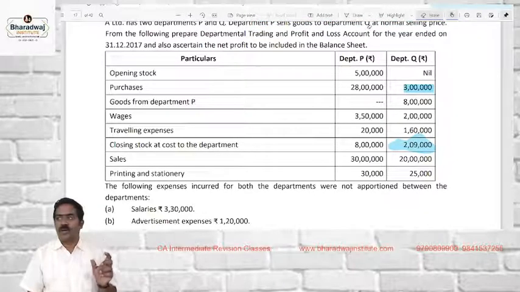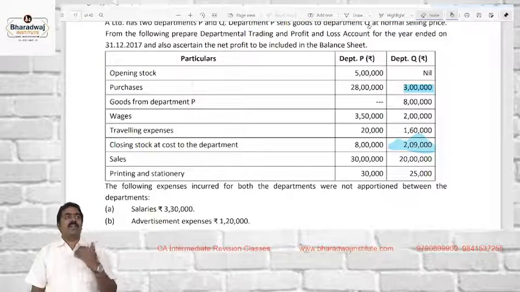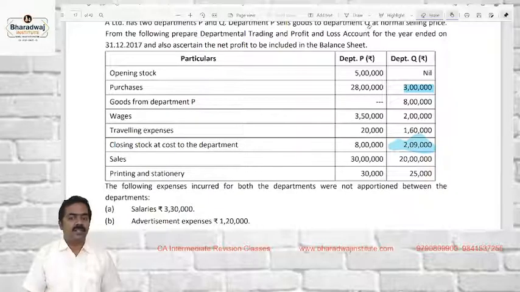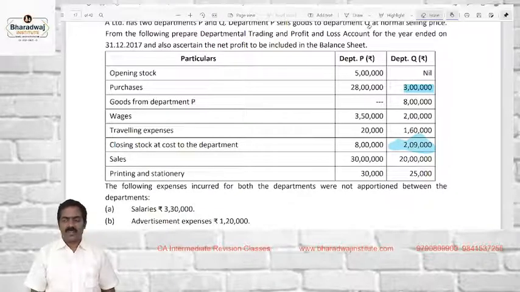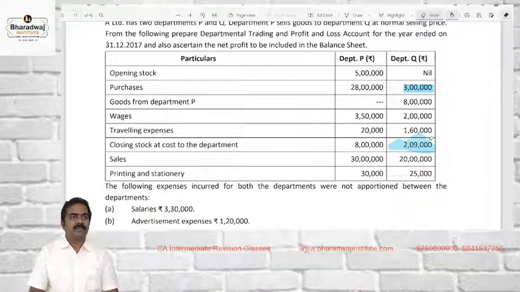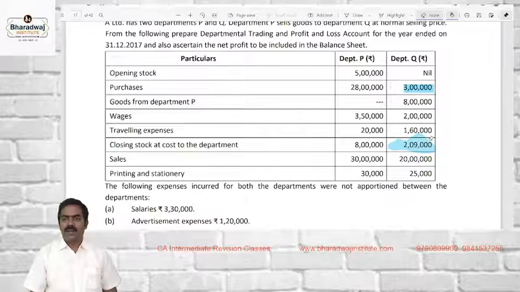We have to remove profit for the total stock or only for the transferred goods lying with Department Q? We have to eliminate profit only for the goods which are transferred, lying unsold with the other department. So, can we put 2,09,000 into 25%? What is the total stock with you? Q, 2,09,000.